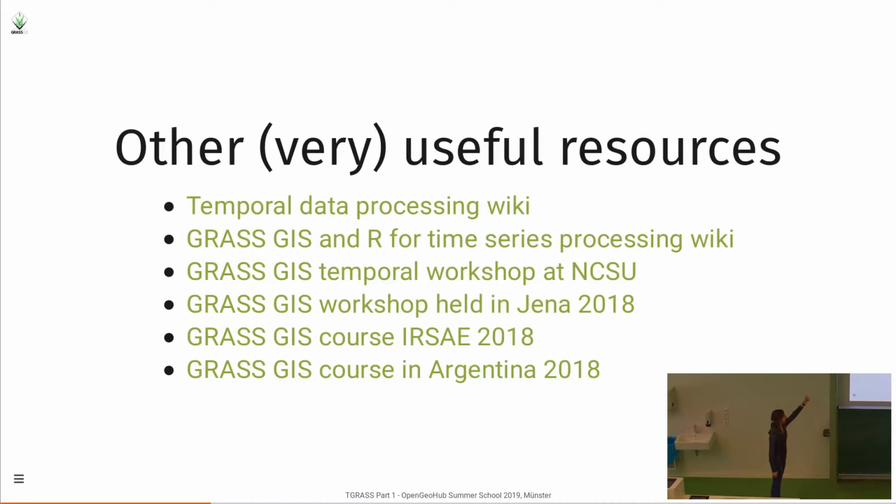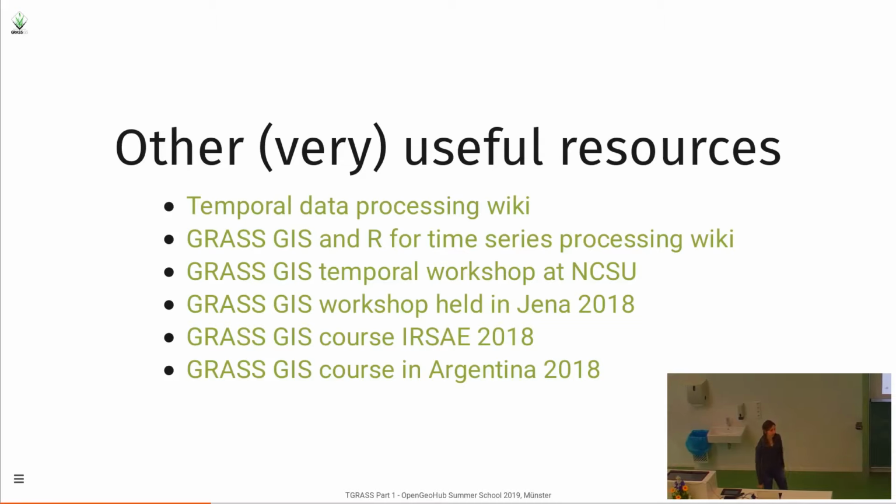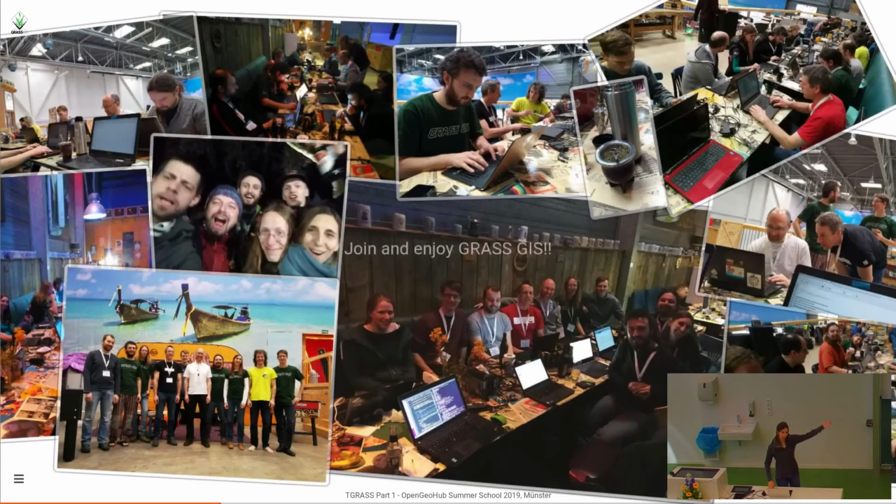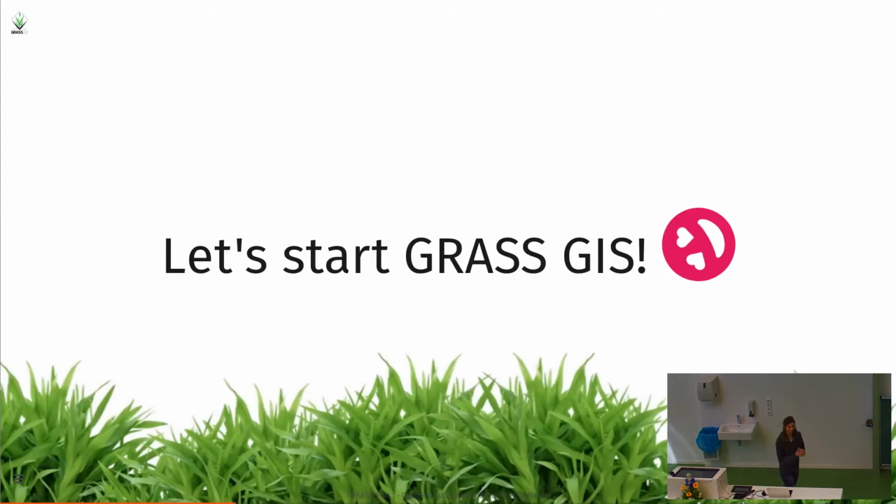There's a temporal data wiki, and then a wiki connecting GRASS with R for time series as well, and some other workshops and courses around the world, going from zero in GRASS to advanced. There are different flavors, some using more Python, some using more R, and so on. So please join and enjoy. And let's talk GRASS.